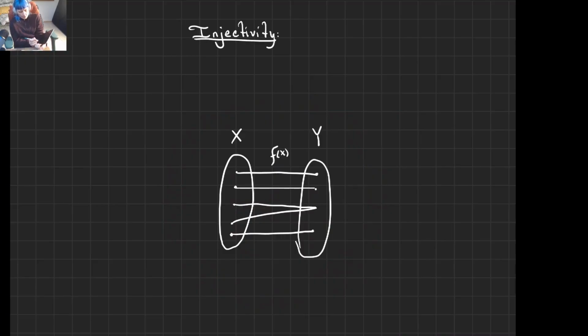So the injectivity property is also quantifying over the range, just like surjectivity. So it says that for every y value that exists in the range, there exists exactly one x value in the domain such that f of x is equal to y.